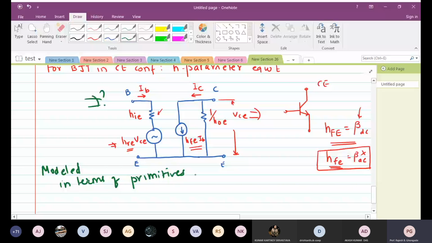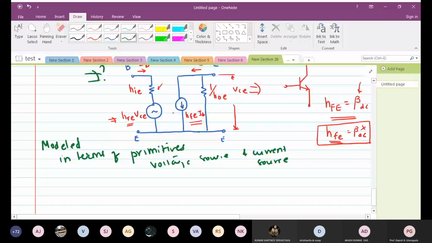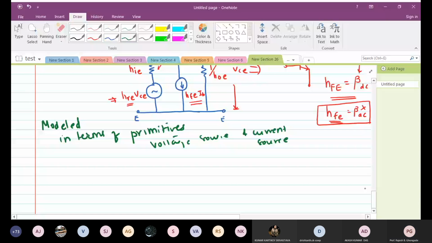They are the voltage source, the current source, and of course the resistors. So you can see here, this is the voltage source, this is the current source. Do you remember the lecture on the current source and voltage source? See, this is the place where you have to start revising the concepts. Otherwise, we'll be in deep trouble.